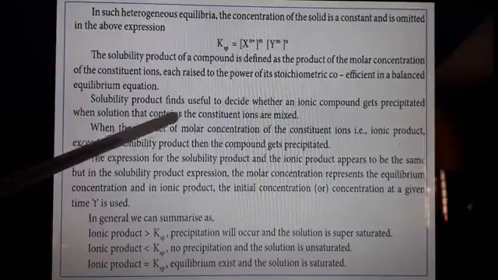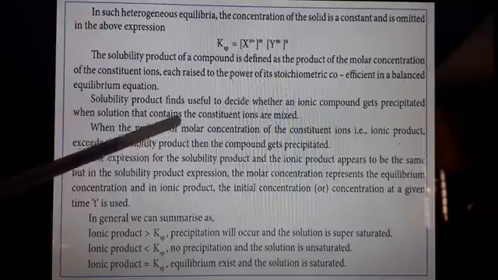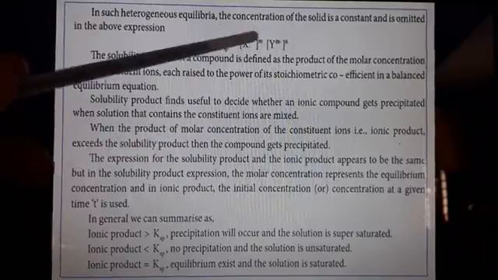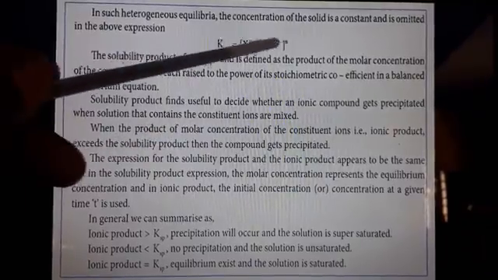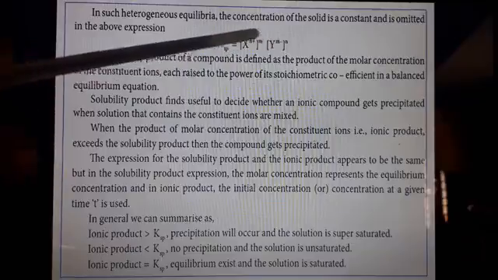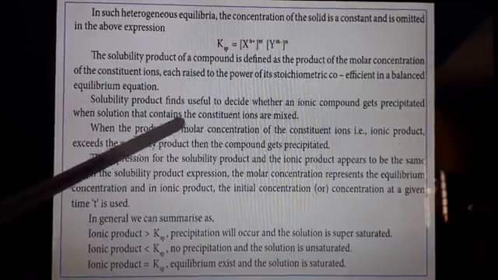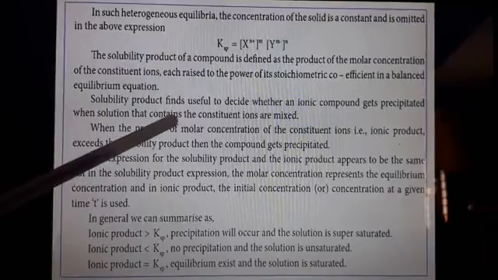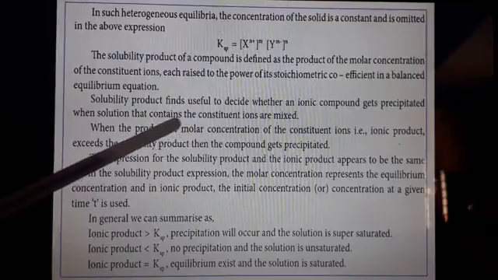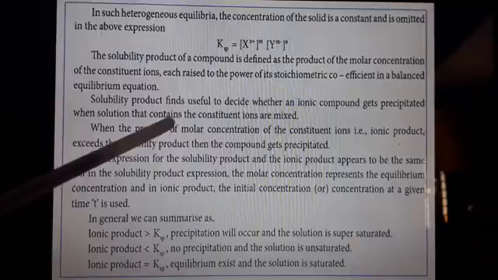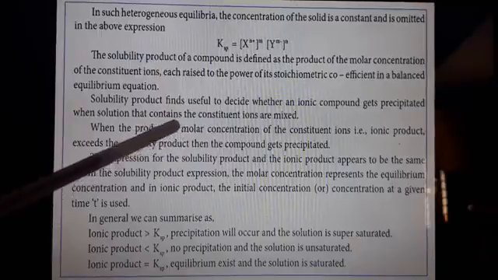The product of the molar concentrations of the constituent ions, this multiplication, is the ionic product. When this value is greater than the solubility product, it gets precipitated.